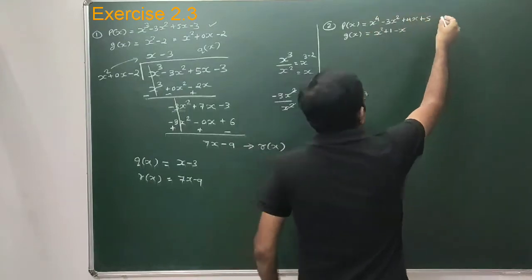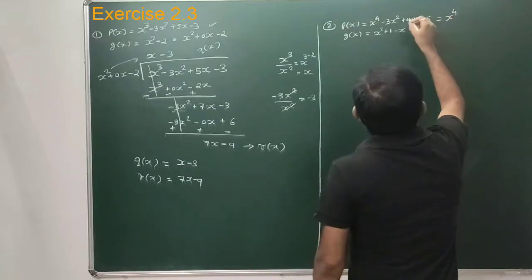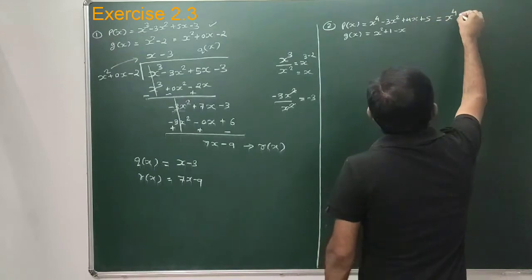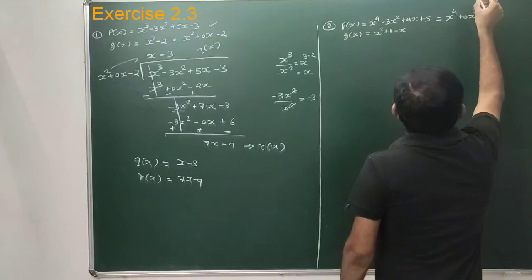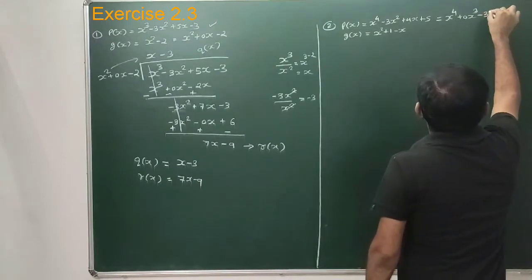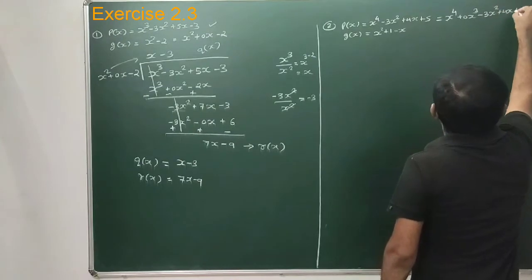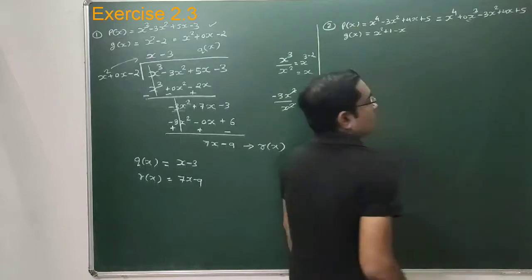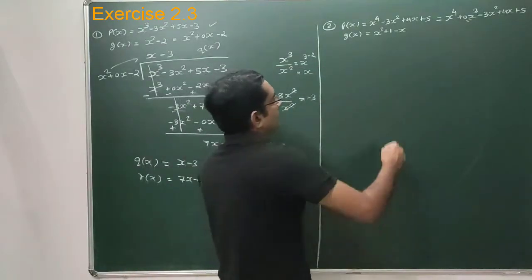So you have to write this polynomial in standard form, which is x raised to 4, plus 0x cube, minus 3x square plus 4x plus 5. Here we are adding one extra term with coefficient 0, adding that missing term.